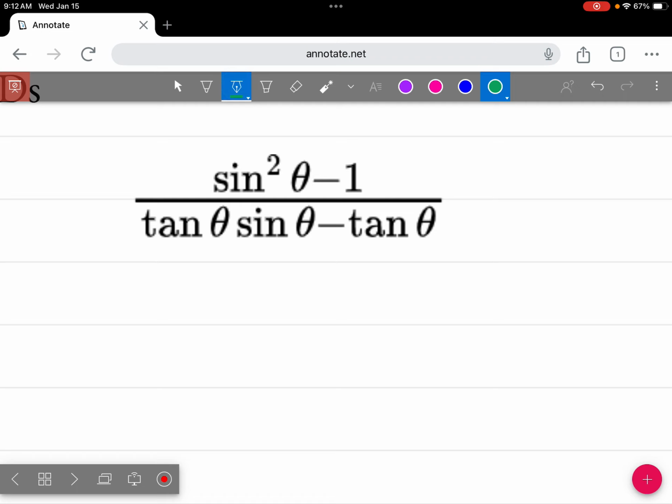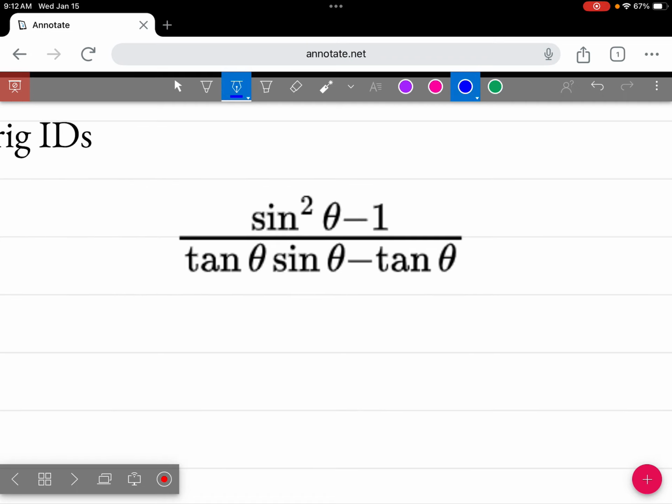So we're going to look at our numerator and our denominator kind of separately just to think about them. What do we notice about our numerator? It's got a sine squared in it, absolutely. So we can either see that and think back to our Pythagorean identities.